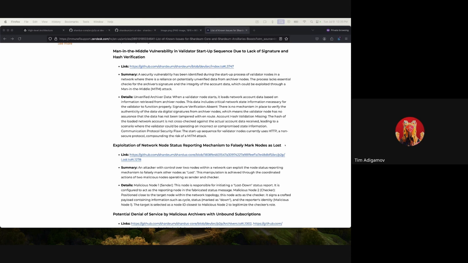What we were thinking is that there is a way to create a parasite node which can hide itself as a valid node, but will actually not do anything for the network.